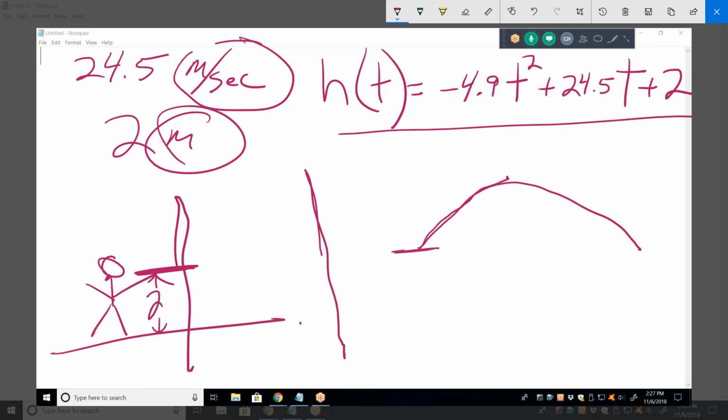Sorry, I keep saying feet, but I meant 2 meters. And then it's coming back down. So parabolic motion does not matter whether you throw it up or at an angle. In this particular problem, you are throwing it straight up, at least if I understand it correctly.